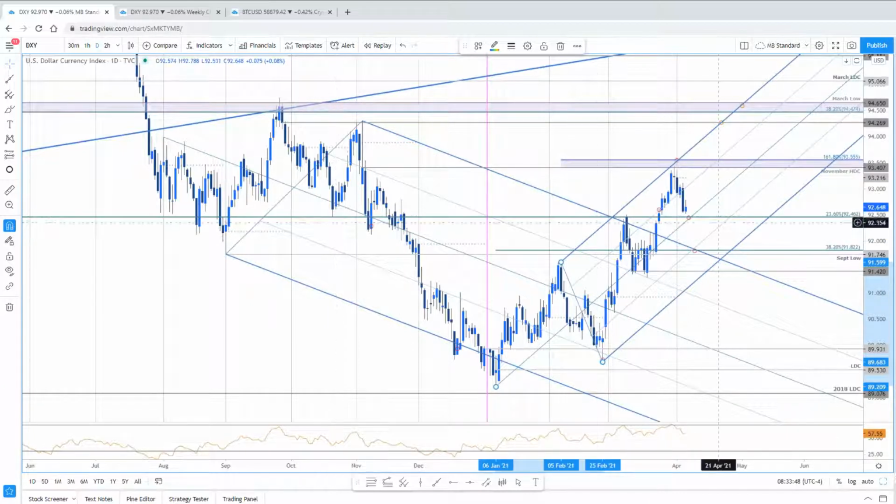So maybe a little lower, looking for some support here. Not much dollar event risk on tap. Tomorrow you do get the release of the FOMC minutes, but I'm not expecting much on that one. We get the presser, we get all the questions out, so minutes are having lower and lower impact moving forward.